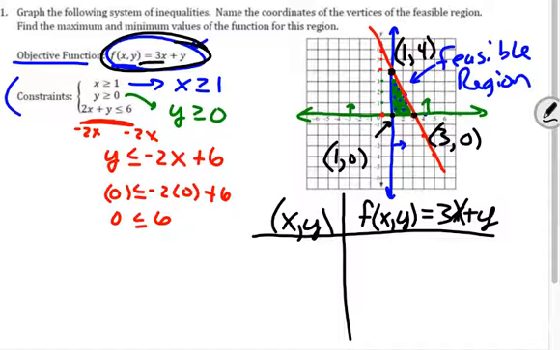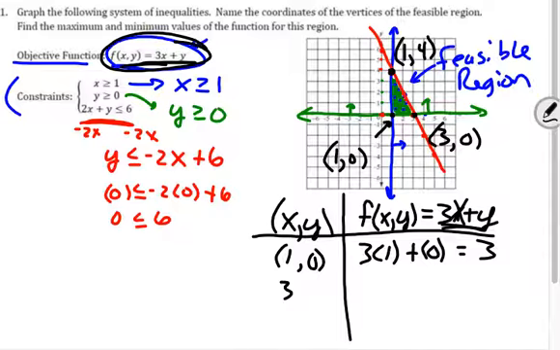This is your objective function where you plug in your points. The first point we're going to plug in is 1, 0. Well, the function here itself is going to give us 3 times 1 plus 0 for the y. Well, that's going to give us a total of 3.